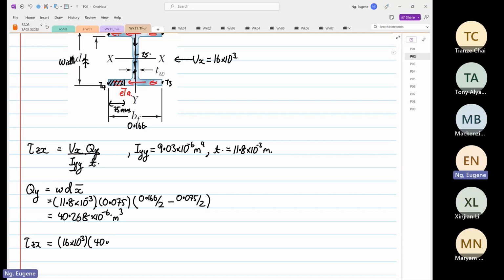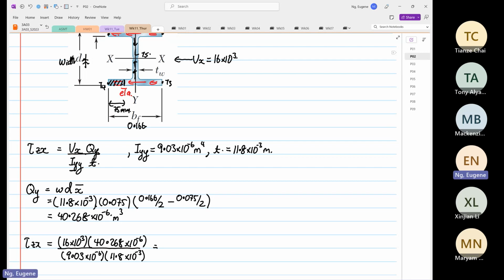So 40.268 times 10 to the power minus 6, and then we divide by Iyy, 9.03 times 10 to the power minus 6, and then the thickness is 11.8 times 10 to the power minus 3. So 16 power 3 times 40.268 power minus 6 divided by 9.03 power minus 6 divided by 11.8 power minus 3.